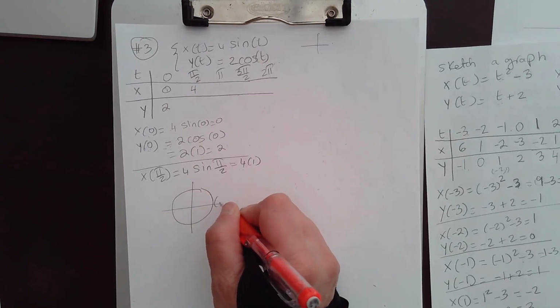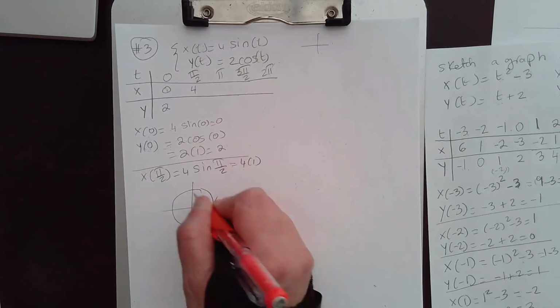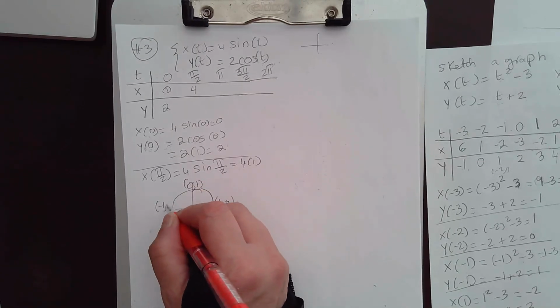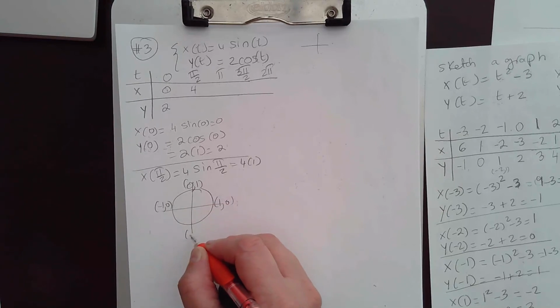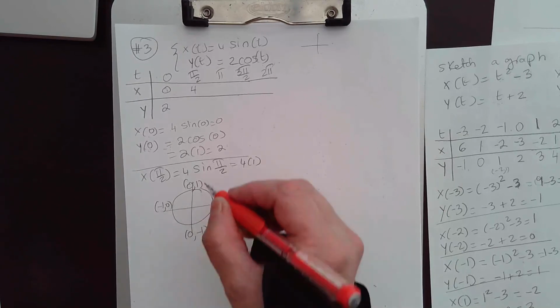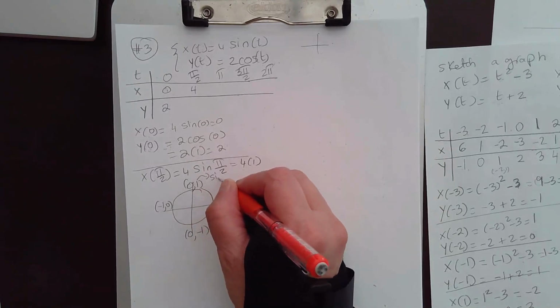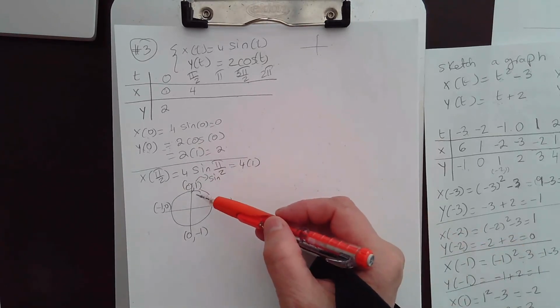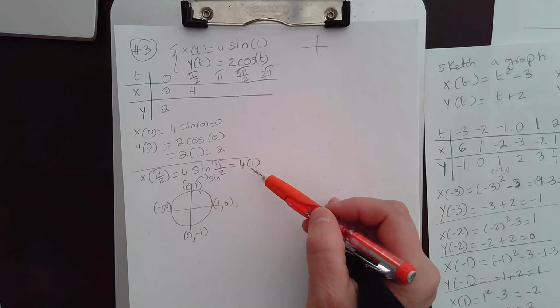This is (1, 0). This is (0, 1). This is (-1, 0). This is (0, -1). The second one is a sine, the first one is a cosine. So sine pi over 2 is 1, and 4 times 1 is 4.